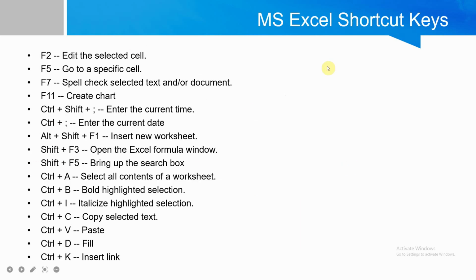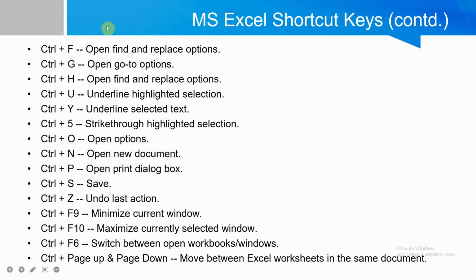So for shortcut keys, you also need to familiarize yourself, since their functionality is the same as in our Word, like how you use copy and paste. Usually Ctrl C for copy, Ctrl V for paste, and shortcuts for bold and italic, etc. In the same way, there are also functionalities specific to the use of MS Excel.